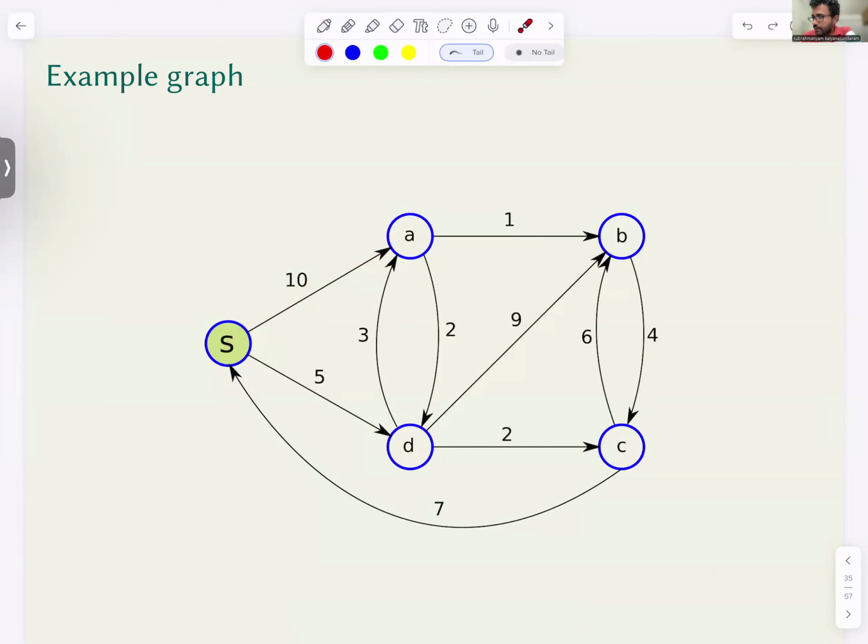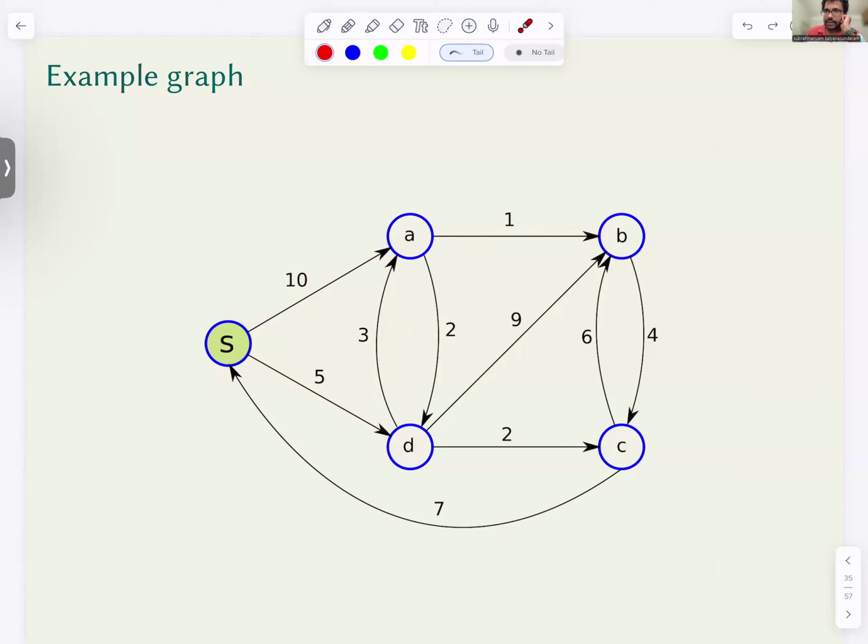Breadth first search would probably return the shortest path to be SAB because it contains only 2 edges, but the one that uses 3 edges actually has less weight, 5 plus 3 plus 1, right? So this is actually better. So we cannot use breadth first search.